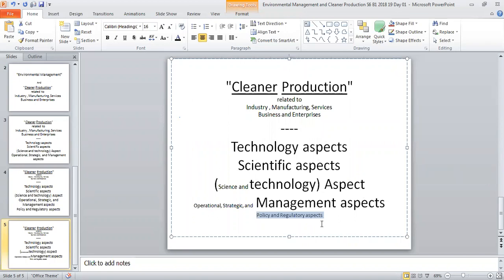Technology, management, policies, and other than that, there are humanities aspects. Technology, management, policy level, and humanities.